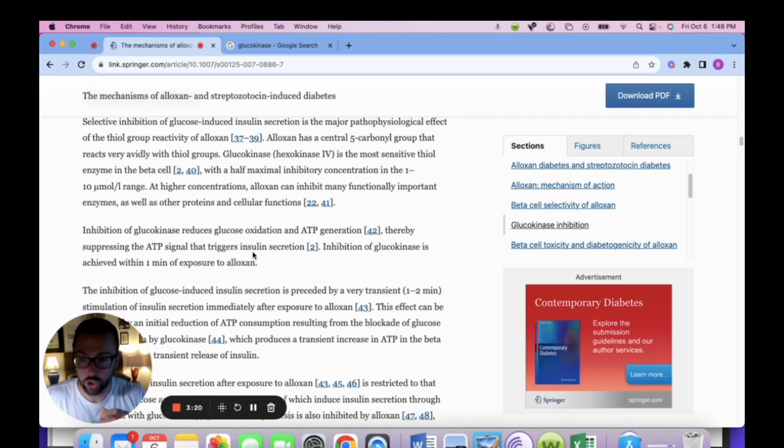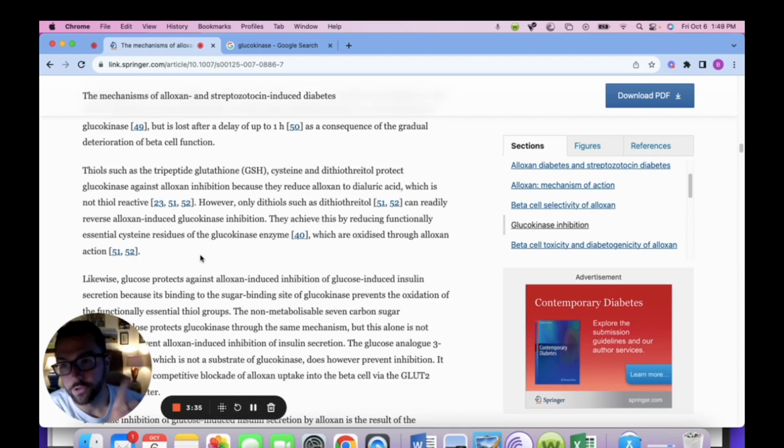So the cell is unable to make energy because, again, that's how glucose works. Insulin lets glucose into the cell, which reacts with the mitochondria. Mitochondria generates energy.